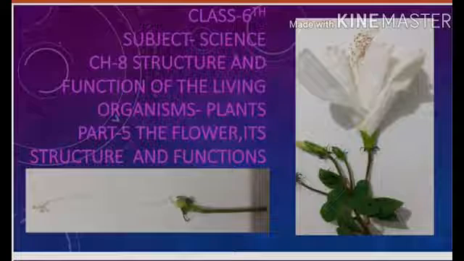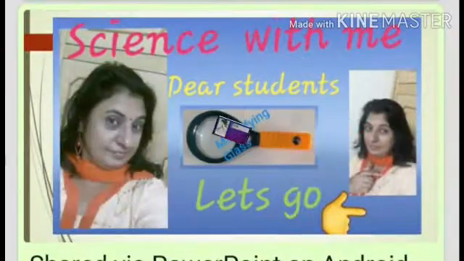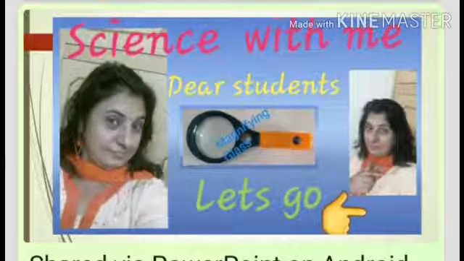The flower, its structure, functions, what is pollination, fertilization, what is a fruit, its functions, what is the seed, and its functions are the topics we are going to discuss today in part 5. Good morning. Ready to learn science with me?